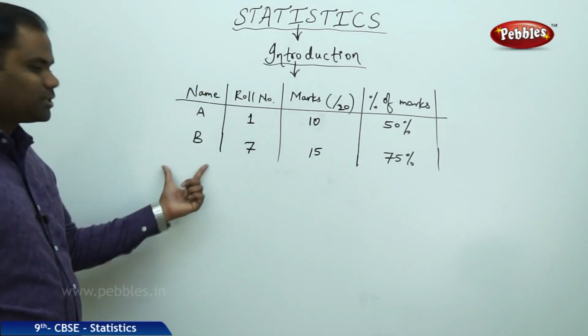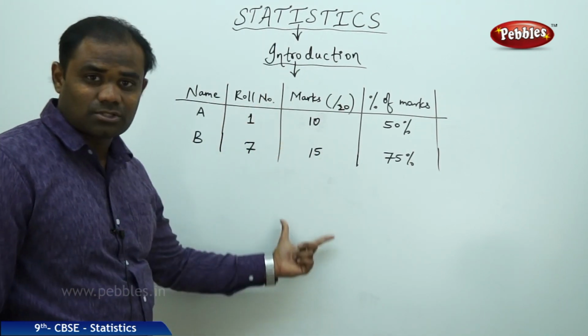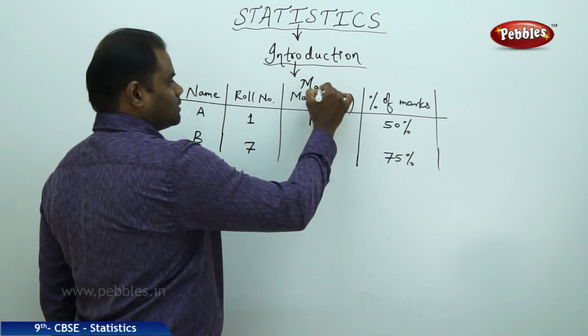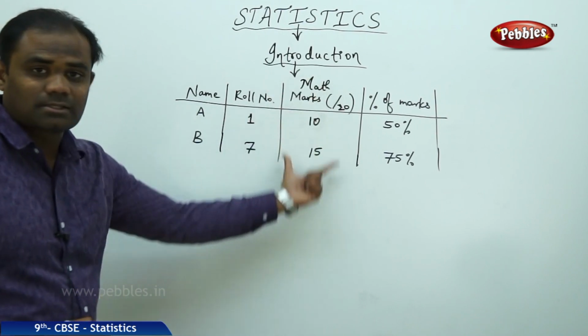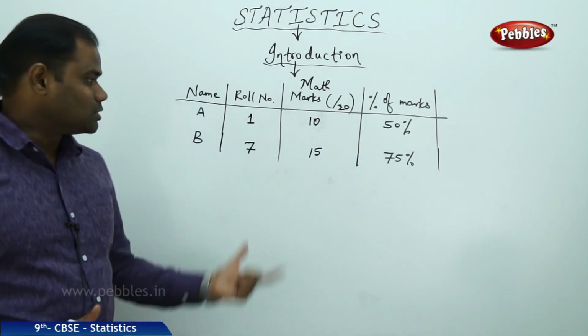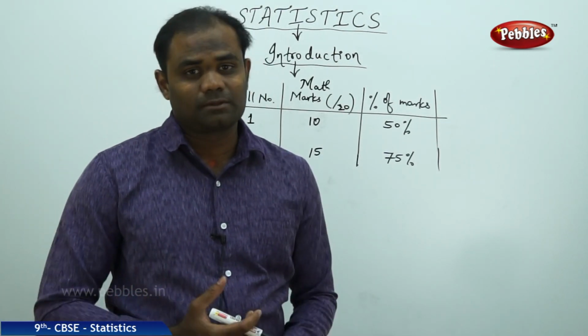So this collection of the names, collection of their respective roll numbers and their marks obtained for 20 marks in the math subject, and the percentage of those marks is what the teacher usually does before they prepare the progress card.